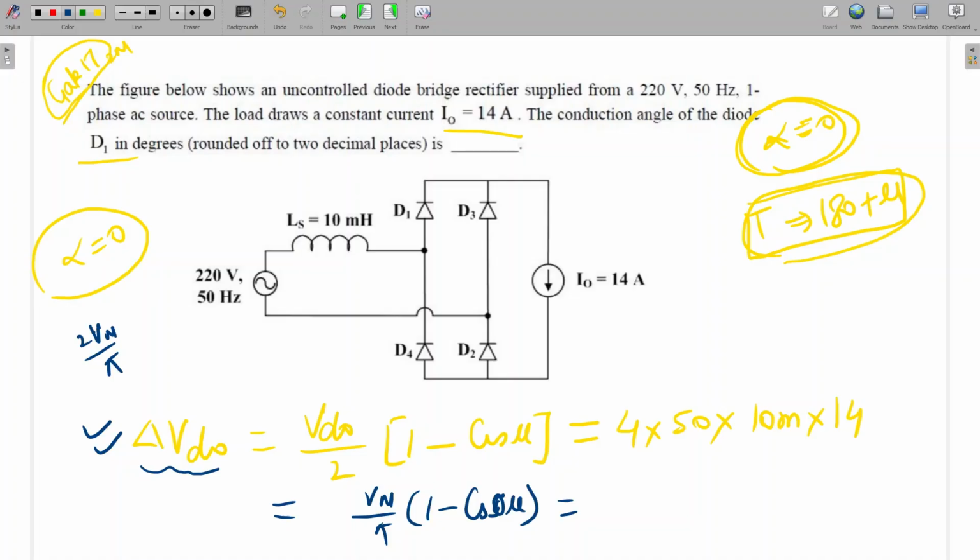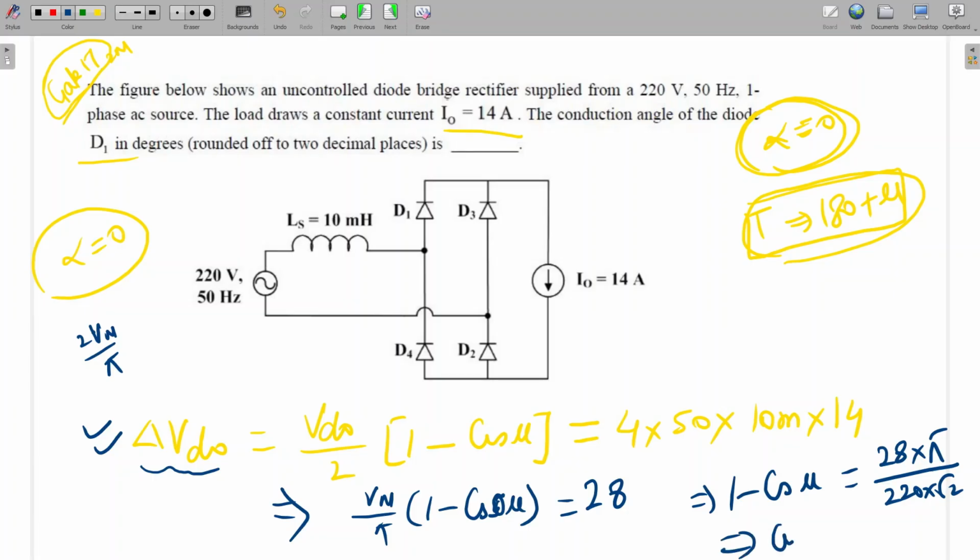That is 4 into 50 into 10 into 10 to the power minus 3 into 14, which is 28. From here we can calculate the value of mu. So 1 minus cos mu will be equal to 28 into pi divided by Vm, which is 220 root 2.